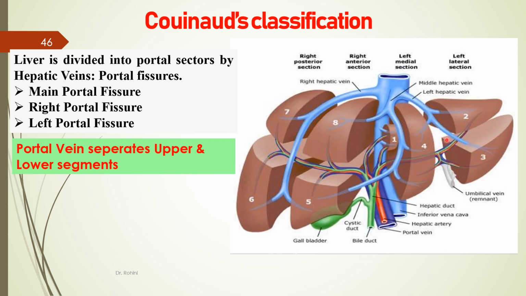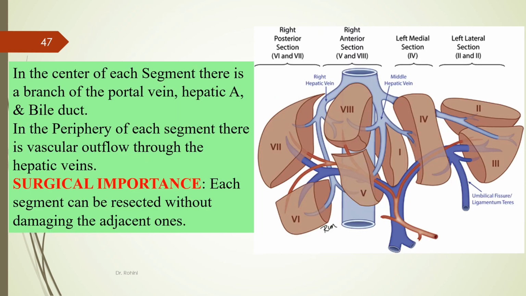And we have the left hepatic vein, which divides the left lobe into medial and lateral segments. And here we can see the portal vein, which separates the upper and lower segments of the liver. For each segment we have one branch of portal vein, hepatic artery and bile duct. The peripheral part of each segment has a vascular outflow through the hepatic veins.